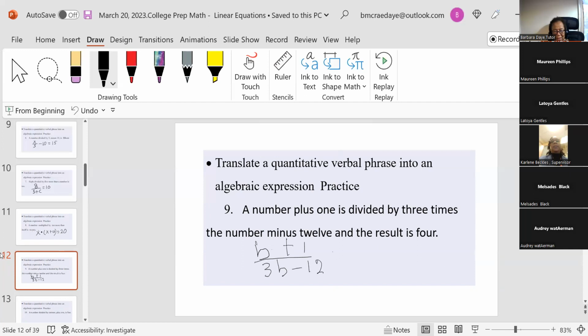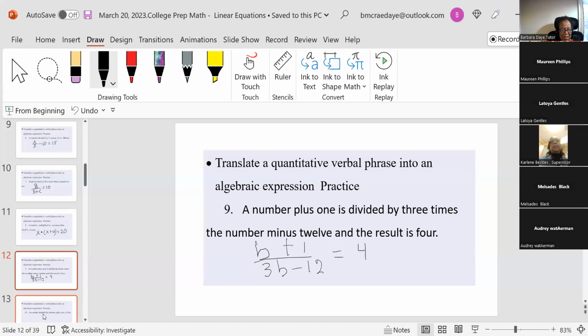That's what it is, right? That's right, it's 4. Very good, Audrey. I had to think it over when we were talking. A number plus 1 divided by 3 times the number, same number, minus 12, that's equal to 4. I think you're really getting this.